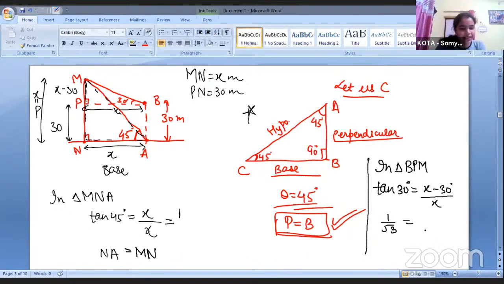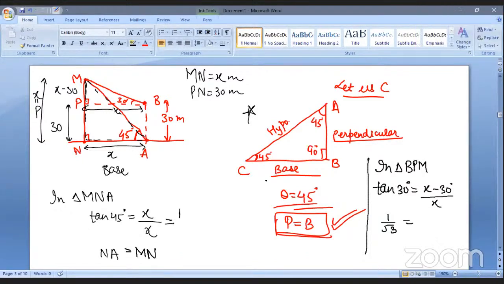And how have you calculated x? Tan 30 equal to 30 minus x by x. So tan 30 equal to 1 by root 3 equal to 30 minus x by x. If we cross multiply that and take x common, x equals 30 root 3 by root 3 minus 1.